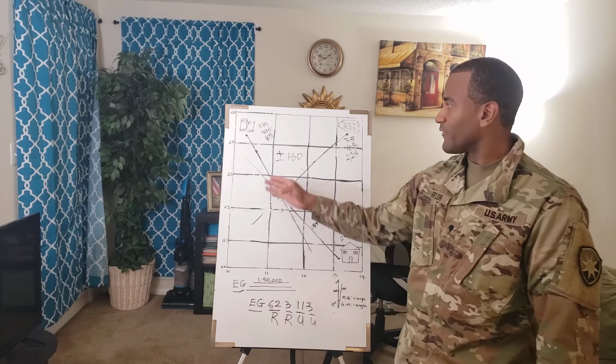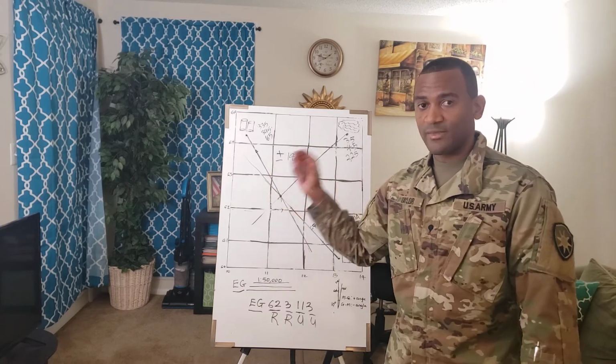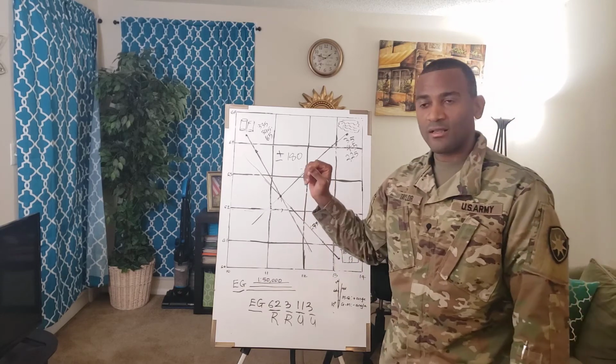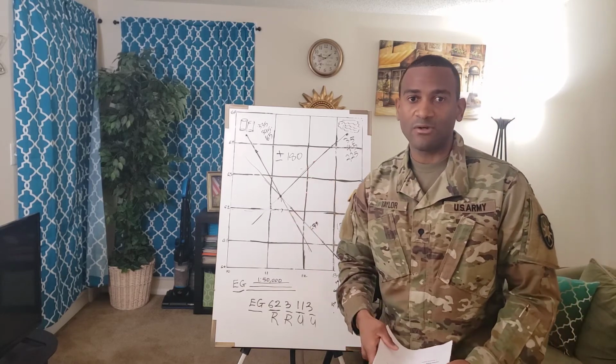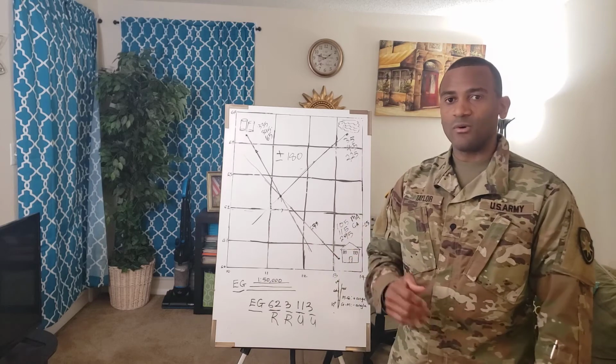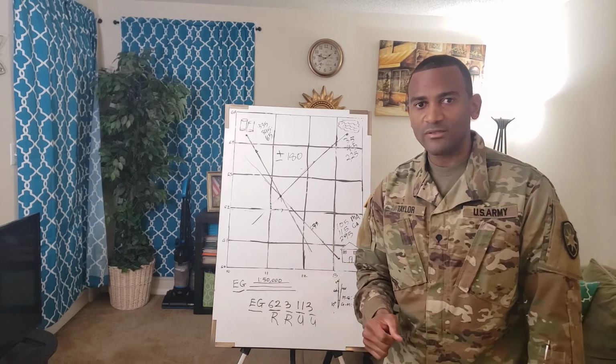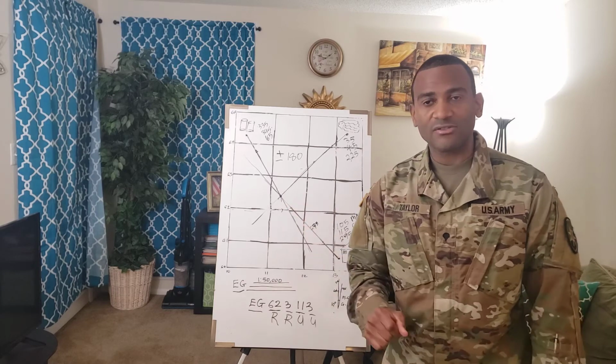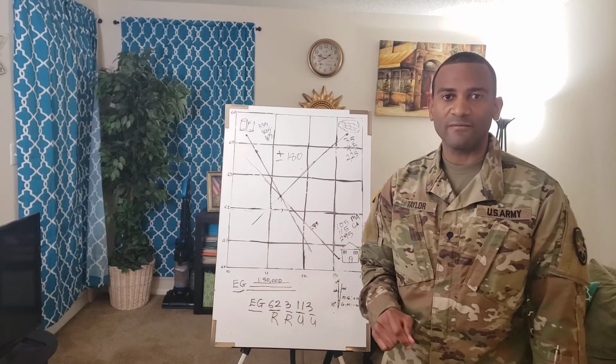They will in turn provide me with the grid azimuth, the back azimuth, and the grid coordinates. The practice phase has now begun. I am walking around, observing the students to make sure that they're performing the task to standard and answering any questions that they may have.